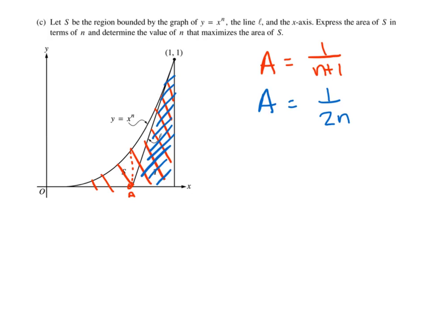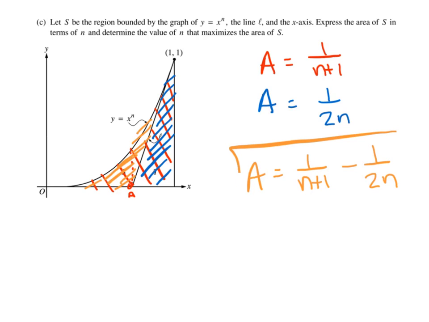If we subtract those two, we're going to end up with the area that they're asking for. That's going to give us the area of region S right here. So all we're going to do is say the area of region S is the red one minus the blue one. And that's all it is for the first half of part C.